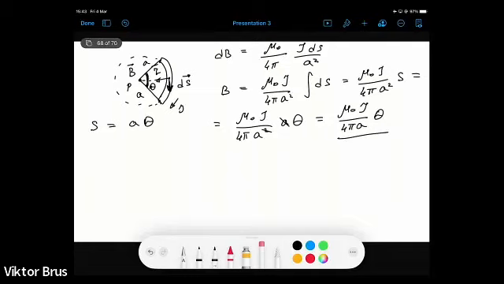So now we can also consider, okay, what will happen if this conductor actually is a circular conductor. So it does not occupy only a segment of this circle, but occupies this circle completely.